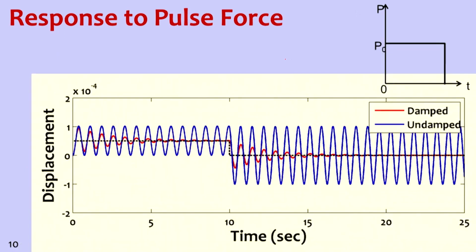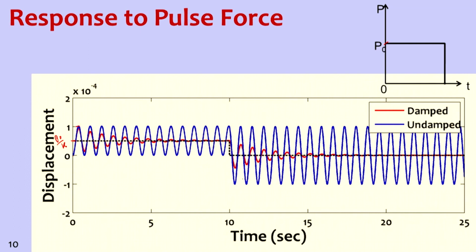So how does this response look? You can see that when the force is applied suddenly, the vibration starts from 0, and P naught by K is the static deflection part. It suddenly increases and then oscillates.